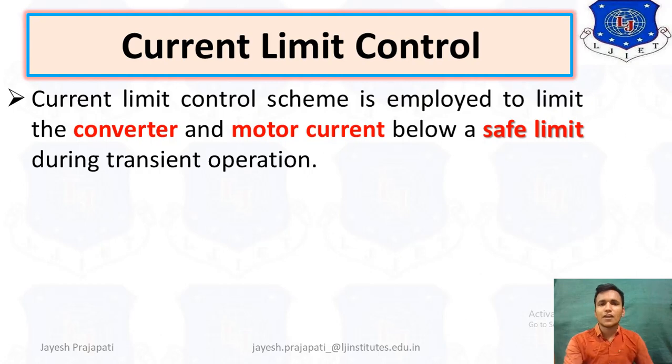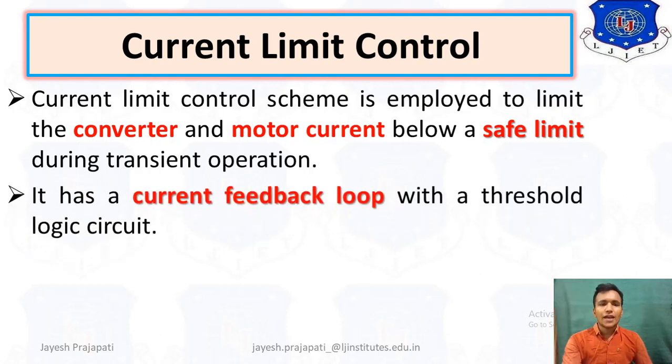It has a current feedback loop with a threshold logic circuit. In this current feedback loop, we select a threshold limit, the maximum value. If the current goes above the maximum value, then feedback is given to the main system, and some action will be taken. So that is the current limit control.